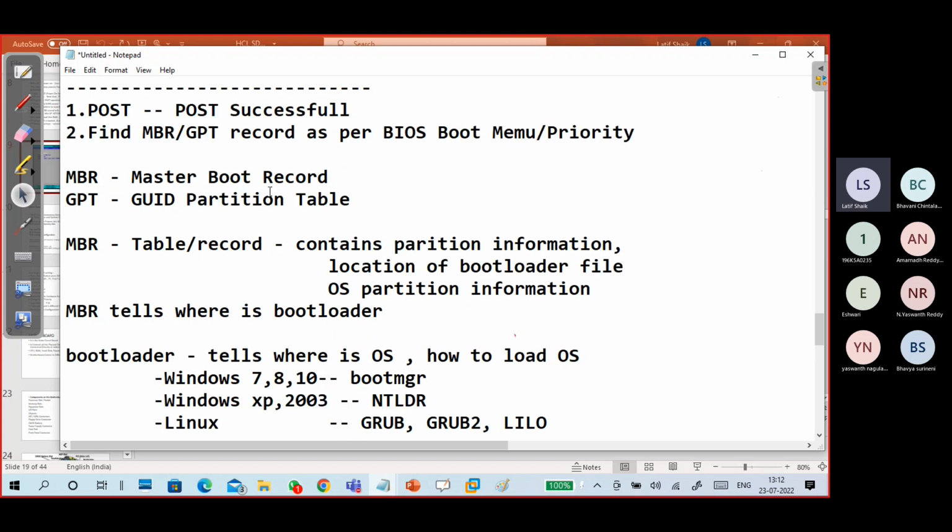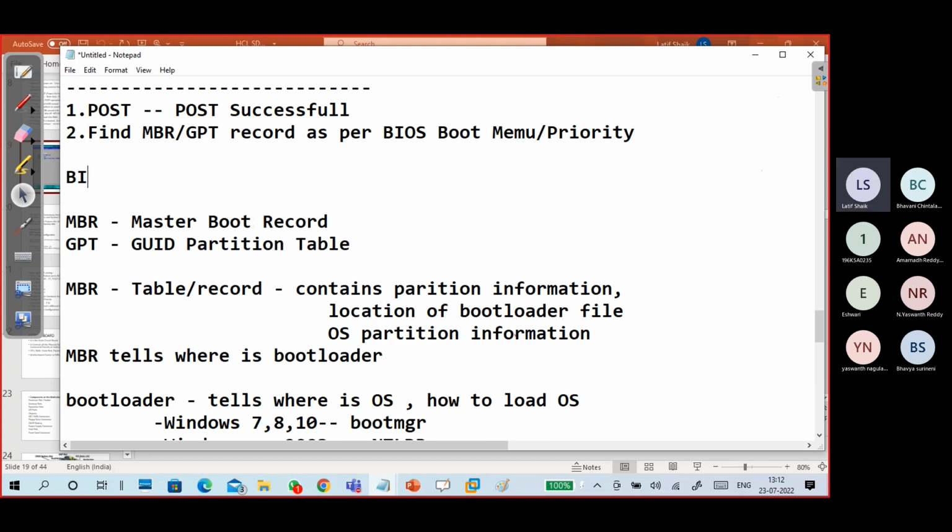POST is successful. Next one is locate the MBR. So the MBR will be located based on the BIOS boot menu or boot priority. It's either from CD-ROM, CD, DVD.